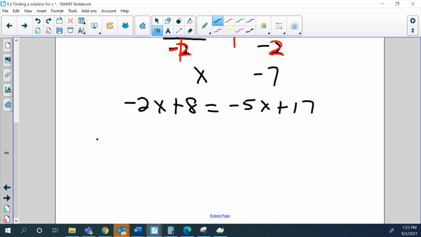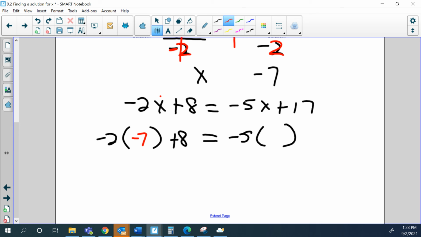So I'm going to have negative 2 times, replace the x with negative 7, plus 8, and that is equal to negative 5 times, replace the x with negative 7, and that's plus 17. Okay, I almost said 7.